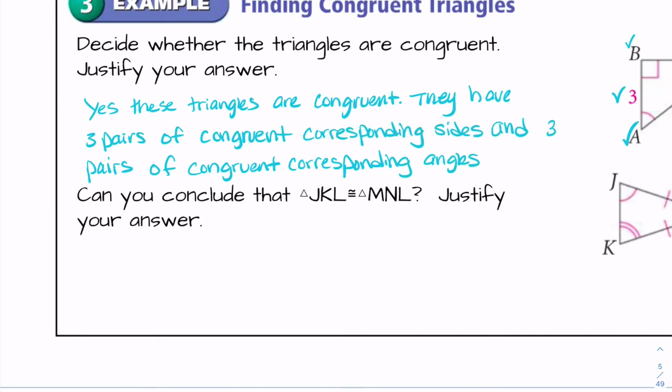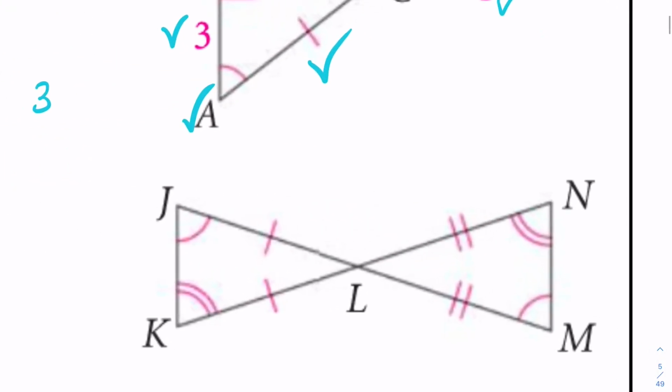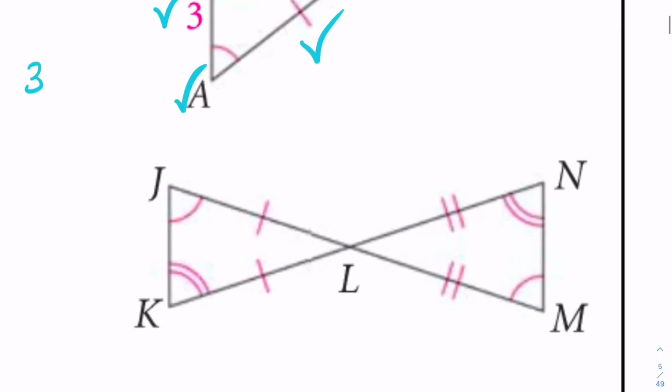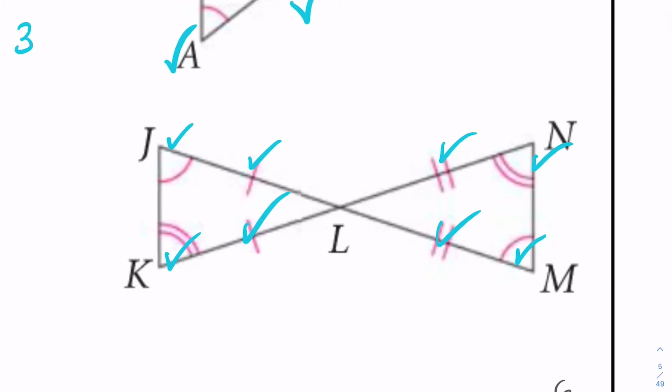Okay, that's good. All right, let's take a look at this one. JKL and MKL. So here we are. What do we think? Do we think congruent or not? So let's see. We have this, we have this, we have this, and we have this. Ooh, no, no, no, no. This is bad.